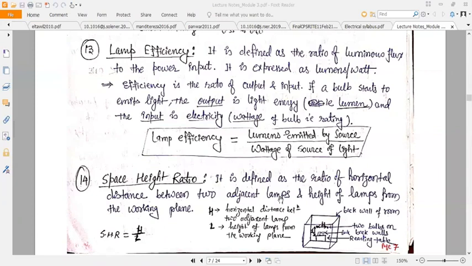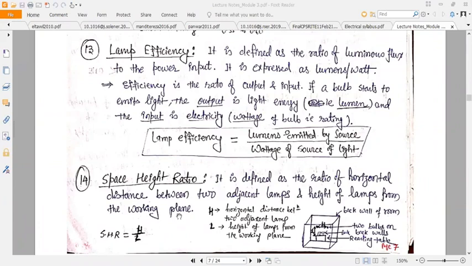So it is the ratio of horizontal distance between 2 adjacent lamps, उन दोनों ट्यूबलाइट के बीच में जो डिस्टेंस होगा, that distance divided by the height of the lamp from the working plane. What is this working plane? Working plane जहां पे हम लोग कुछ वर्क कर रहे हैं, ठीक है, बेंच. तो क्लासरूम में बेंच रखे हुए हैं, वहां पर बैठ करके अगर लिख रहे हो, so you can consider that as the working plane where we have to work. Okay, so what is the height of that tube light from that bench?